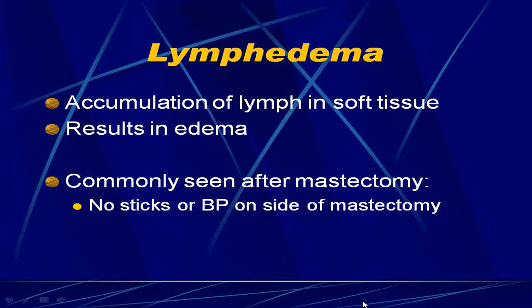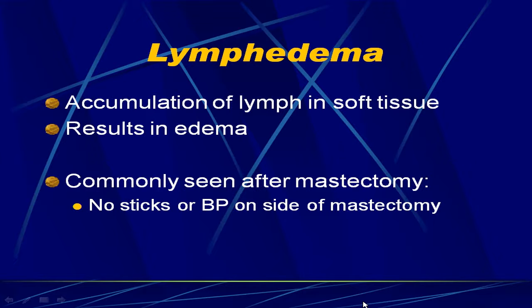When a patient has a mastectomy, the lymph nodes associated with that breast may also be removed. And so if the lymphatic system has been removed on that side, then fluids will accumulate in that side because we've removed the mechanism of moving fluid and debris from that side.